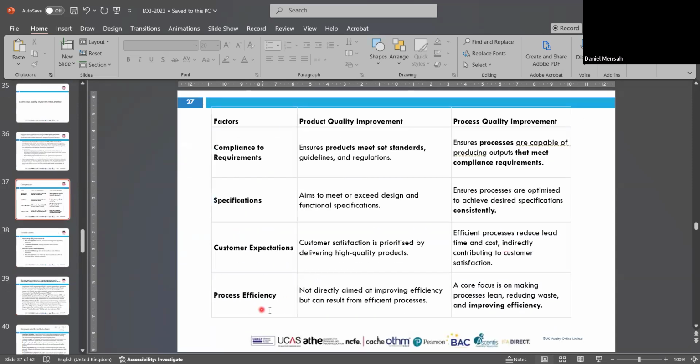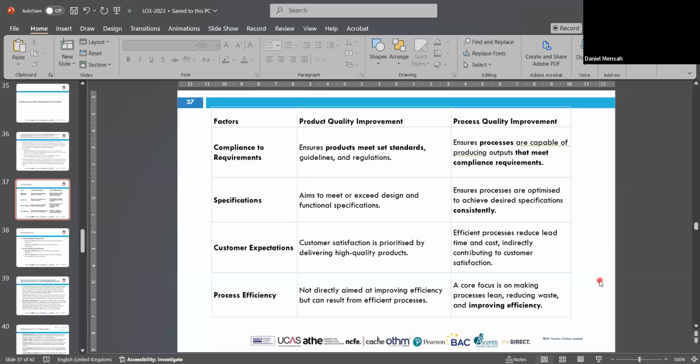Process efficiency: when we talk about product quality, it doesn't directly aim at improving the efficiency of the processes, but can result from efficient processes. If efficient processes are there, it definitely helps toward product quality, but it is not directly involved in making processes efficient. If we talk about process quality, they are core-focused on improving efficiency.